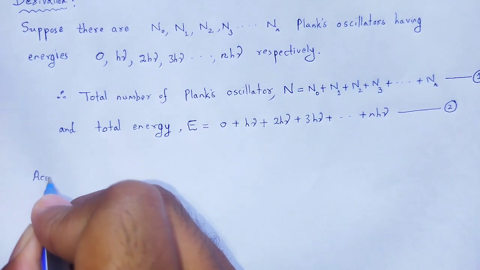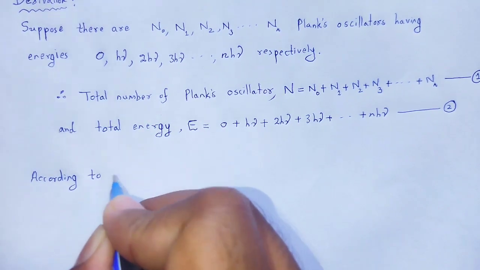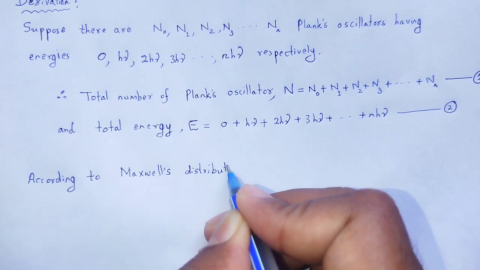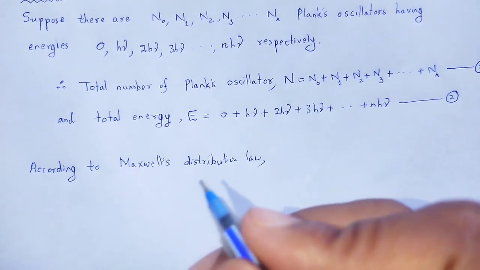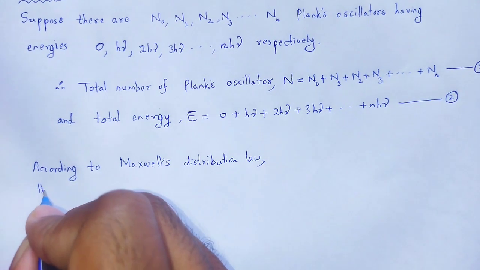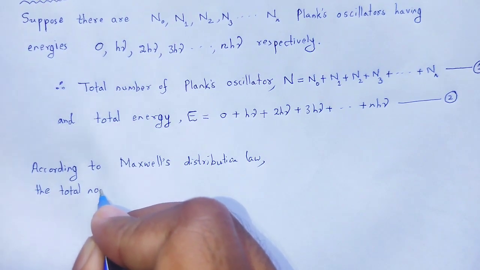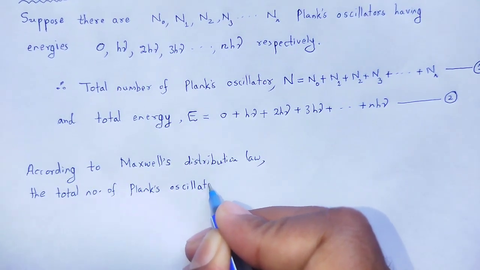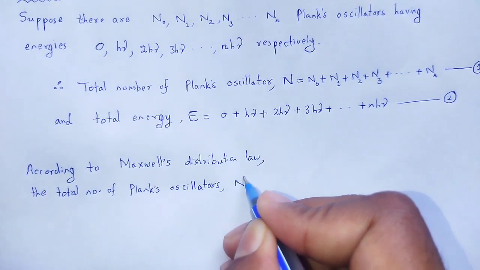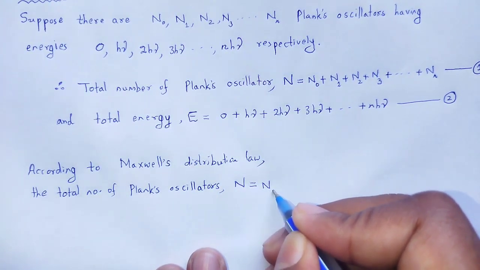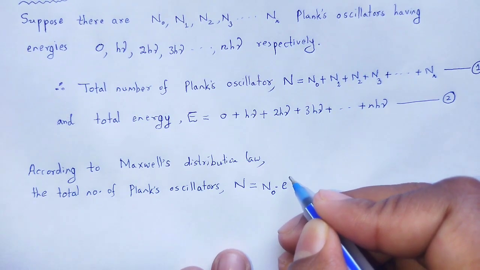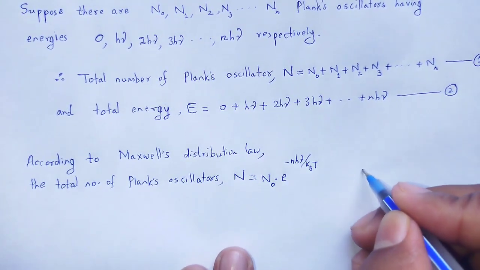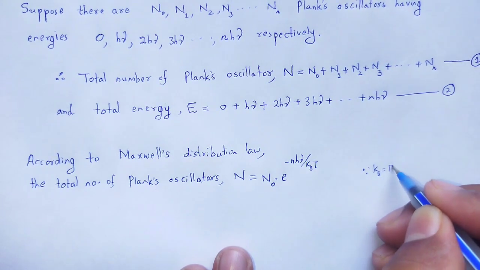According to Maxwell's distribution law, the total number of Planck's oscillators N is equal to N0 into e to the power minus nh nu divided by kBT, whereas kB is the Boltzmann constant.